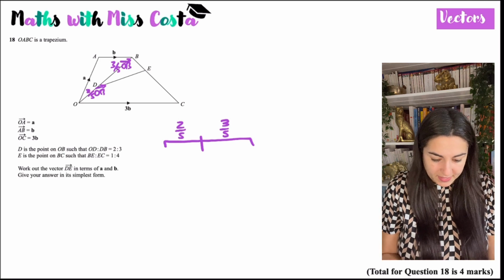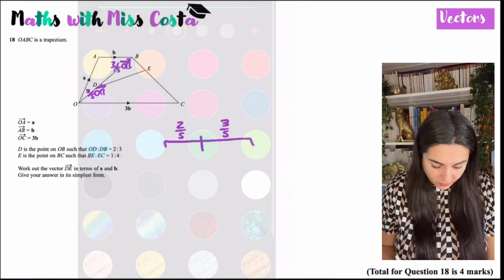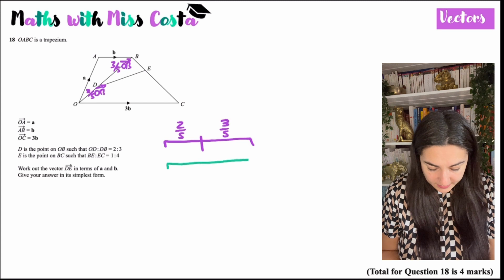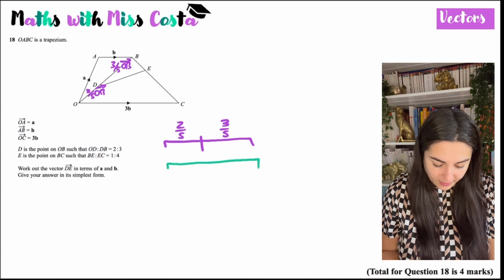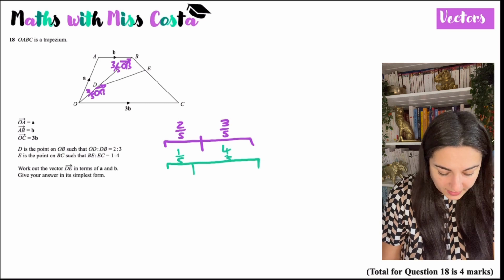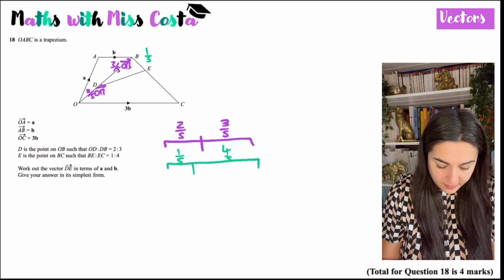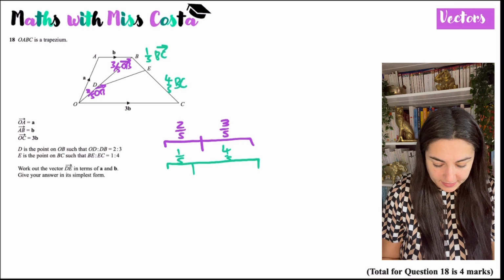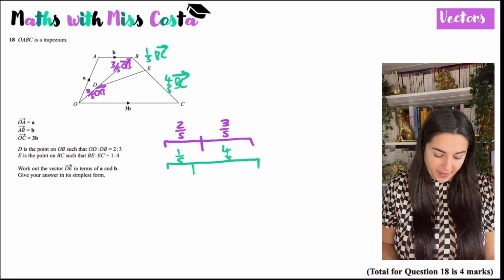So similarly, on this line here, we've got BE, E to C is 1 to 4, so that would be 1/5 and 4/5. So BE would be 1/5 of BC, and EC would be 4/5 of BC. So we've got that all done.